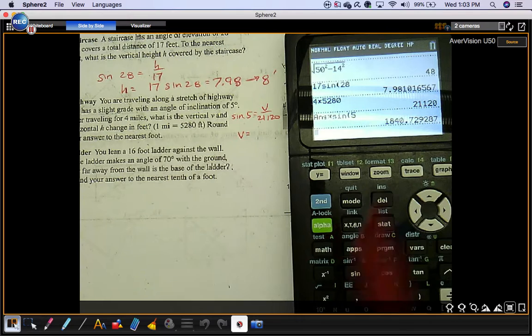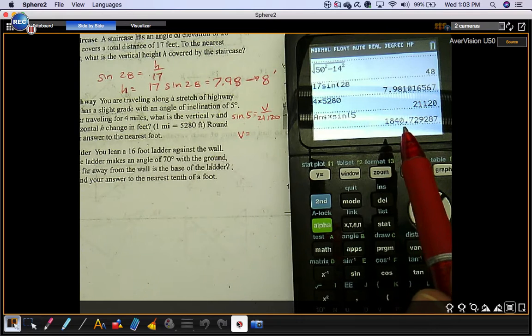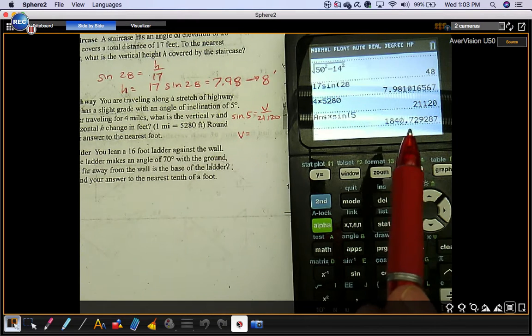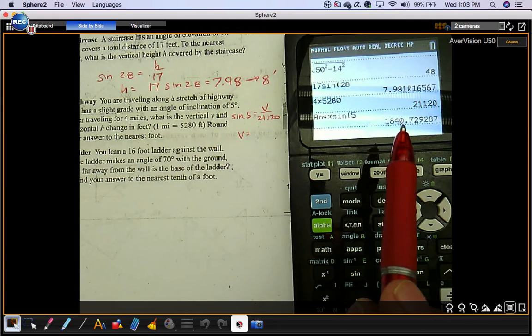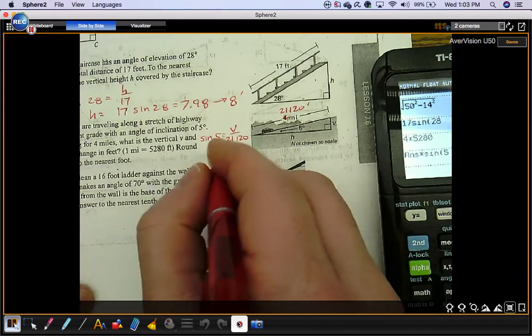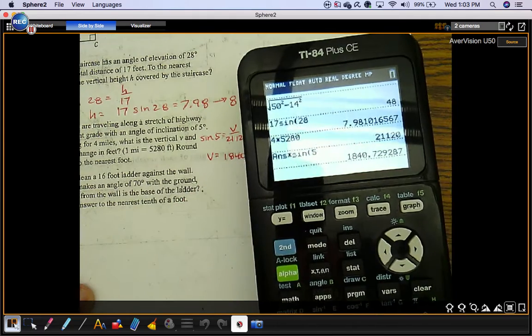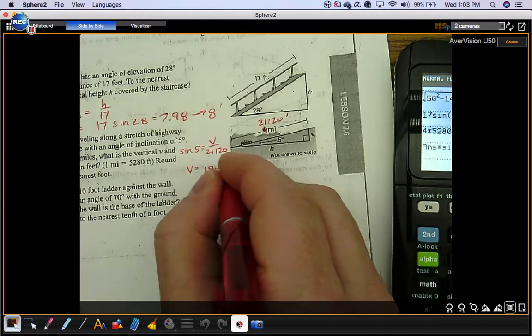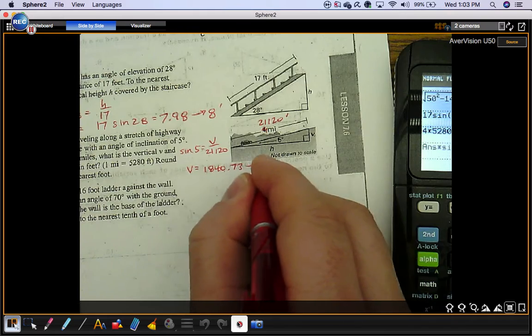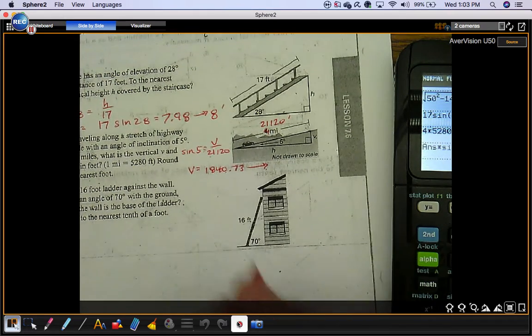And this gives you your answer, 1,840. Now they say round to the nearest foot, so the nearest foot here would be 1841. So I'm going to put 1840.73 and then just indicate that I'm going to round that guy up to 1841.